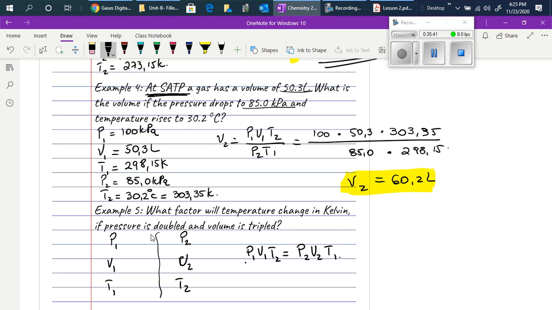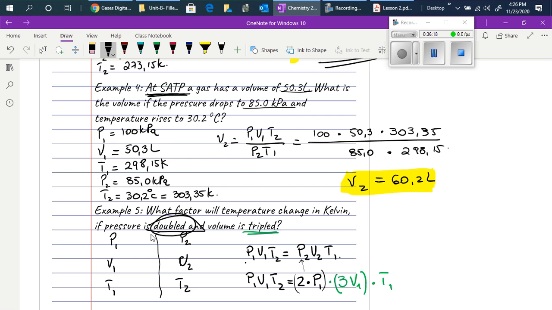Okay, so now what do we have? P1 V1 T2 is equal to P2. We said pressure is doubled, meaning it is 2 times whatever it was initially. This represents P2. And volume is tripled, so volume 2 becomes 3 times volume 1, times T1, whatever value it was originally.